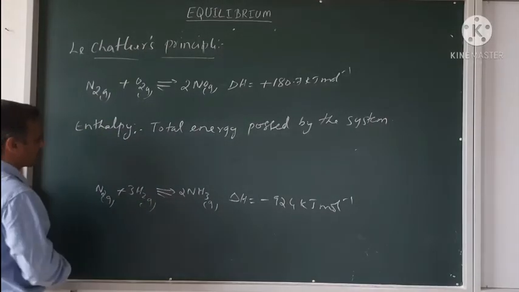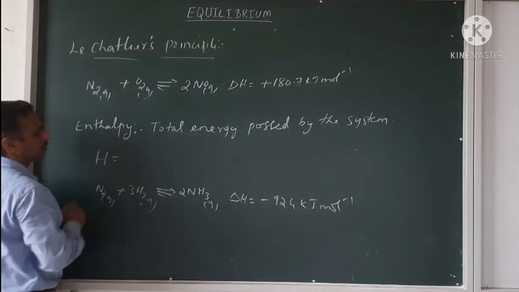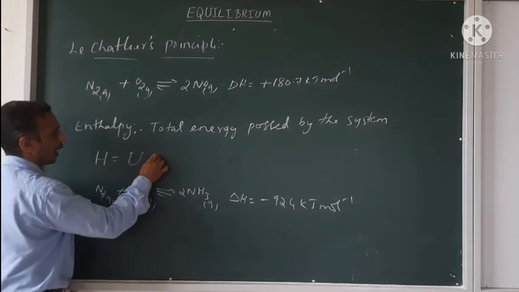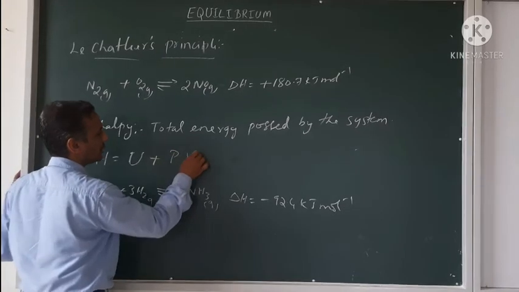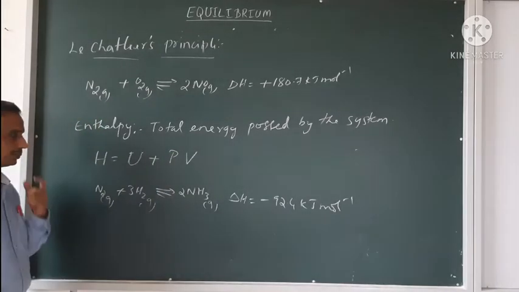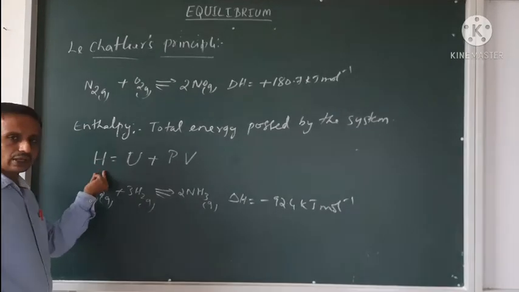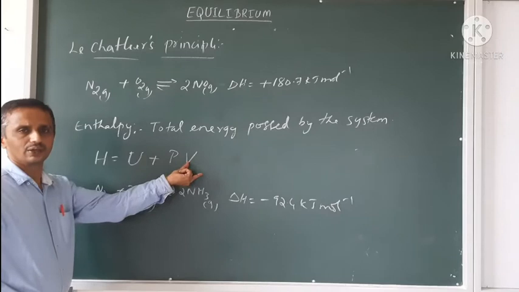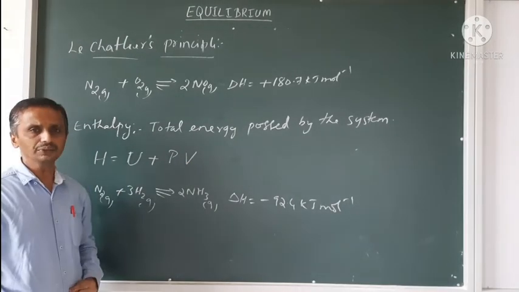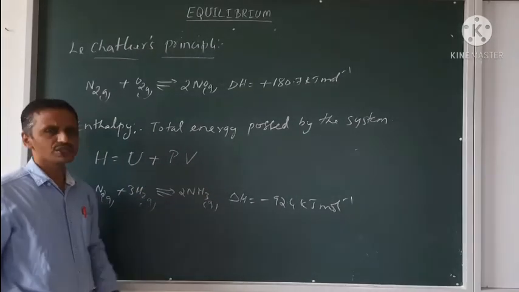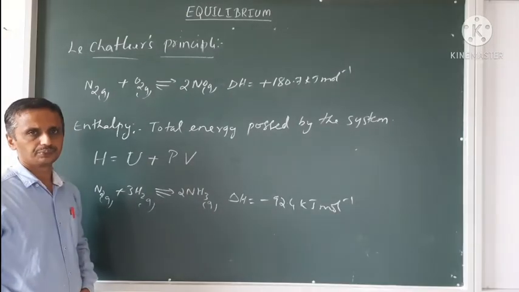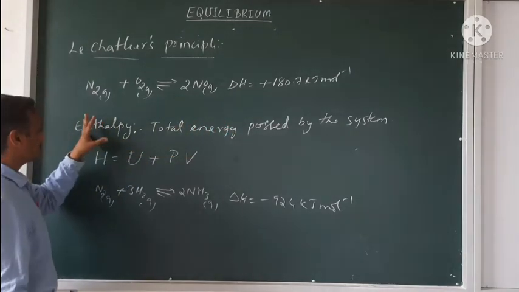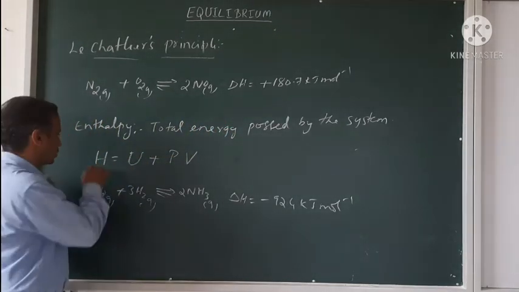And how to represent this? H is the sum of internal energy U and the product of P into V, pressure and volume. How to calculate enthalpy? H is equal to U plus PV, where U is the internal energy, P is the pressure and V is the volume. So the total energy possessed by the system is enthalpy, and the calculation is by this formula.